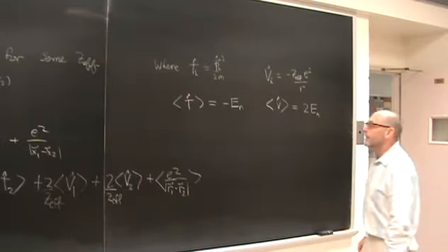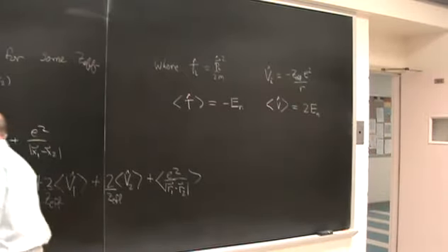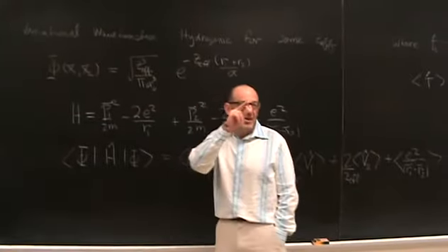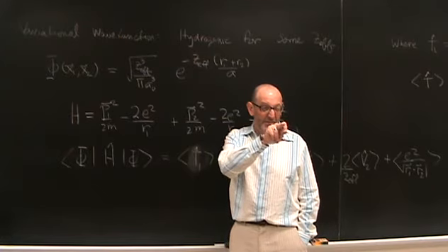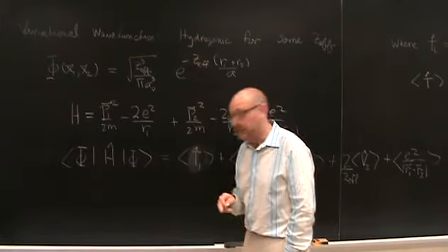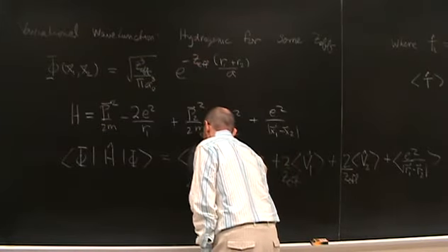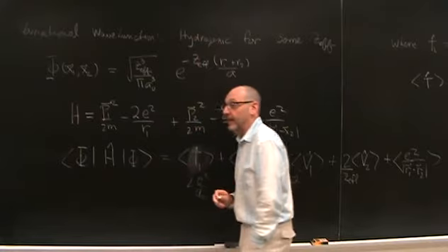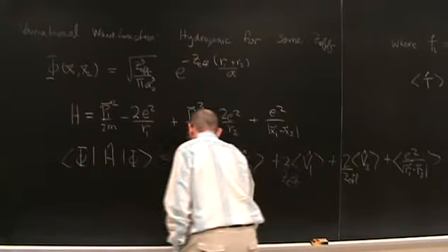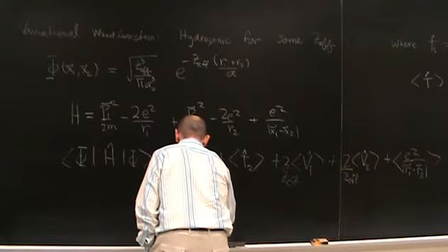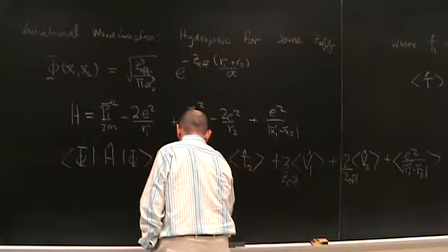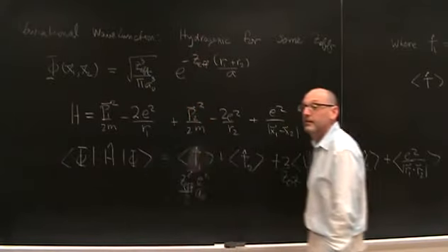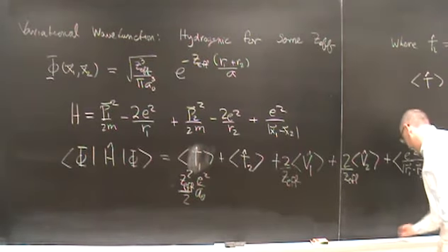Okay? So this is then equal to this energy we wrote up over there. This is minus Z squared, Z is 2, so it's 4, right? With the Z effective squared over 2, right? That's that energy from the variational theorem.